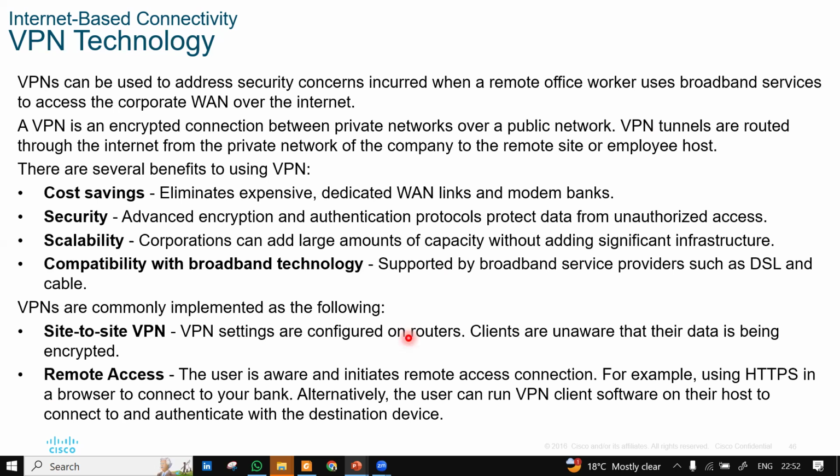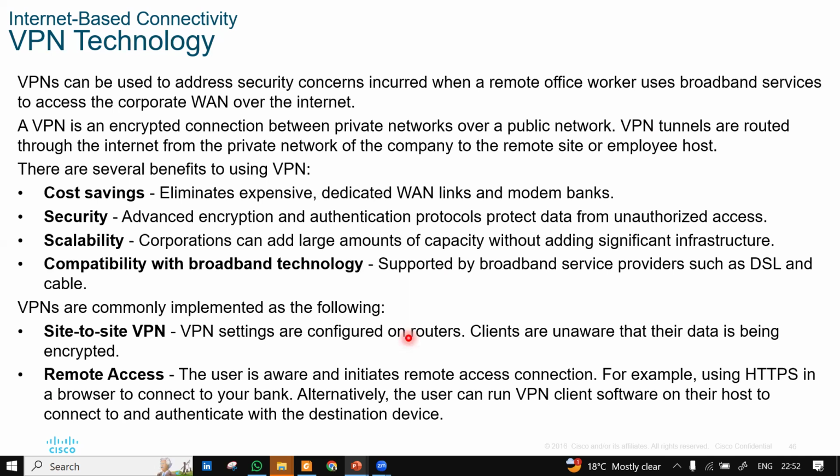If I go there, I can be Googling from the United States of America, right? That is software which I'm using to create a VPN. So I am aware of what is happening with the VPN because I'm initiating it.